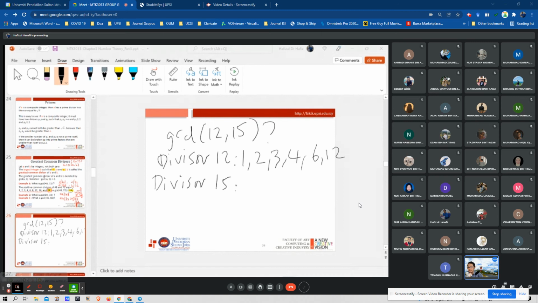Then we have 3. 4 is not a divisor because if you divide by 4, you get a remainder of 3. Then you have 5, and 5 divides 15 evenly. Then 15 itself divides evenly. So now we have 1, 3, 5, and 15.